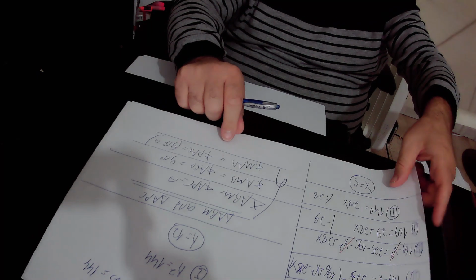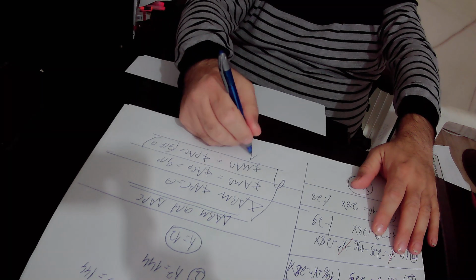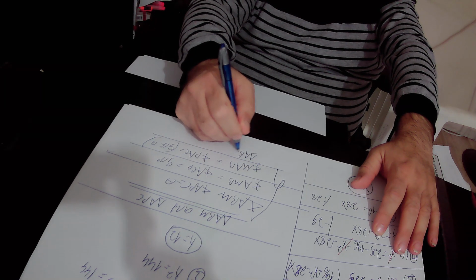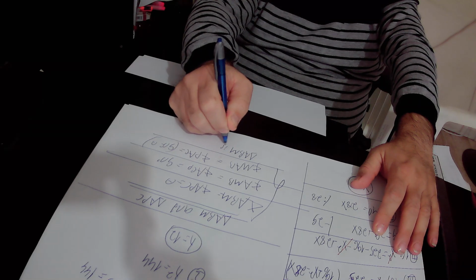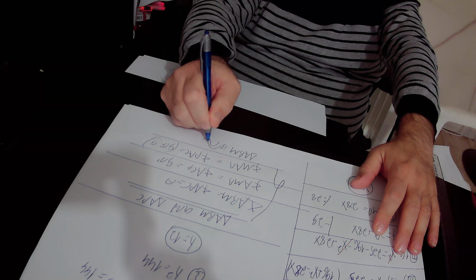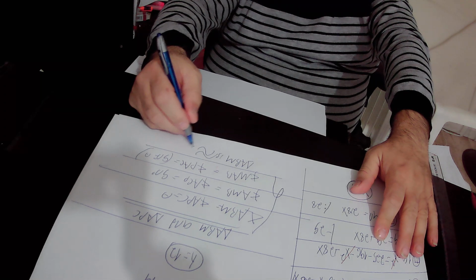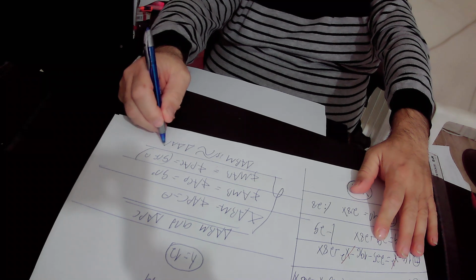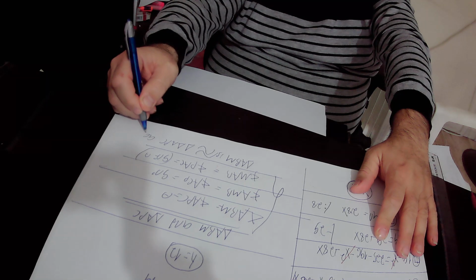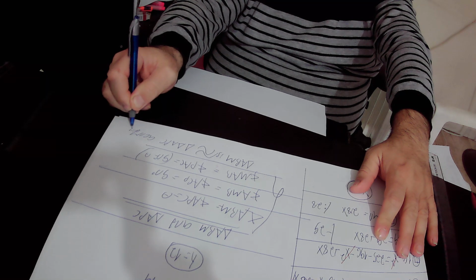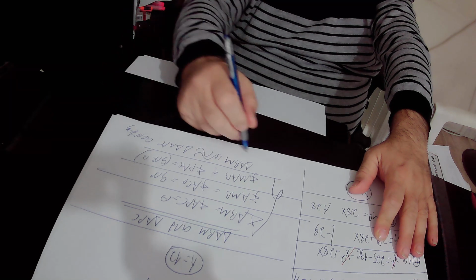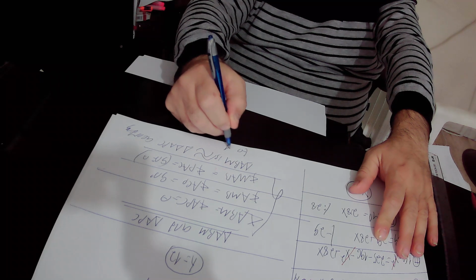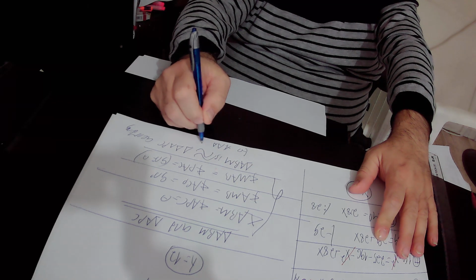We proved that the right triangle ABM is similar, this is the sign of similar, to the right triangle APC according to the angle similarity rule.